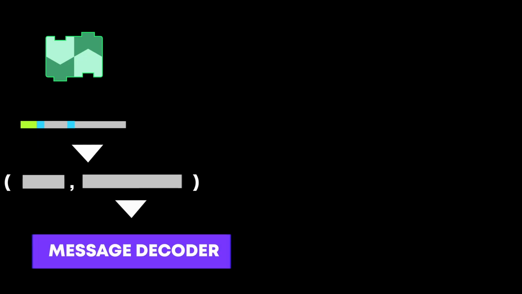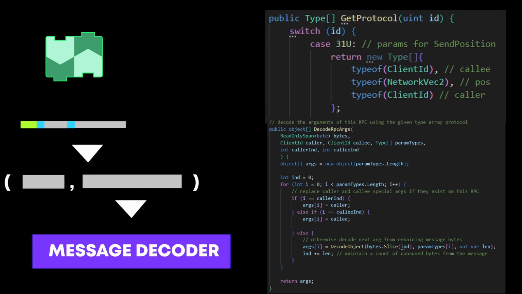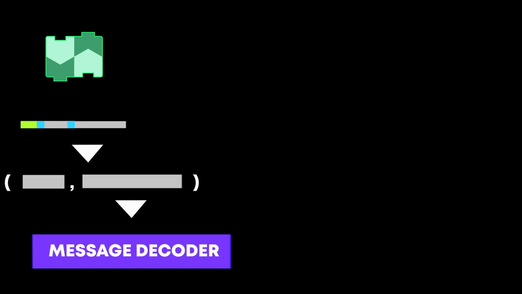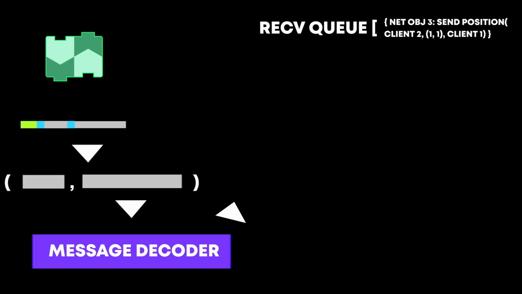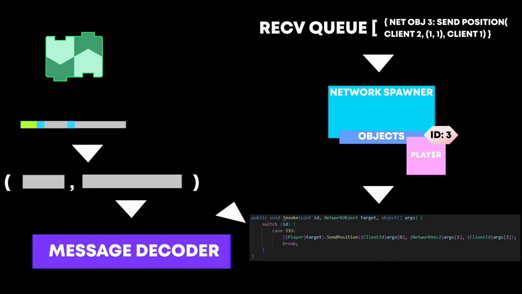First, the RPC ID is decoded to get the hard-coded parameter types created by the source generator, so that the arguments can be decoded and placed in a receive queue. The decoded network ID is used to find the object the RPC was called on. Then this is all passed to a source-generated invoker, which will call the actual RPC method and bypass the proxy.